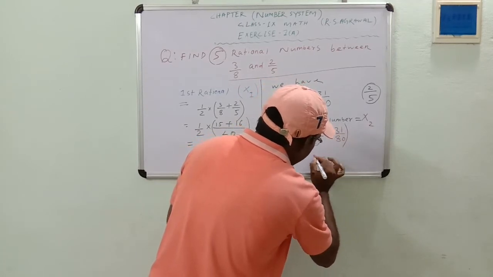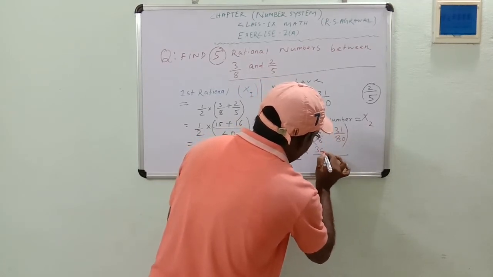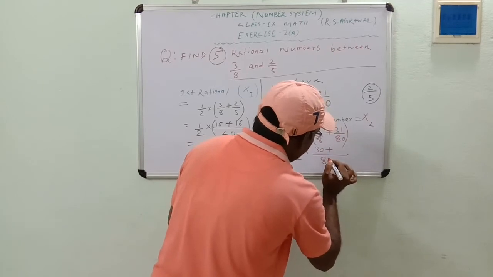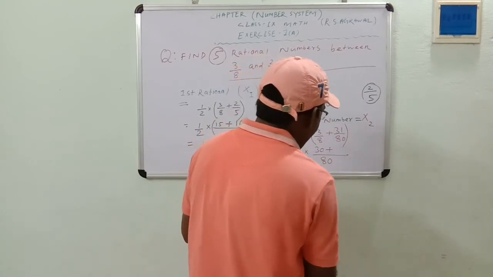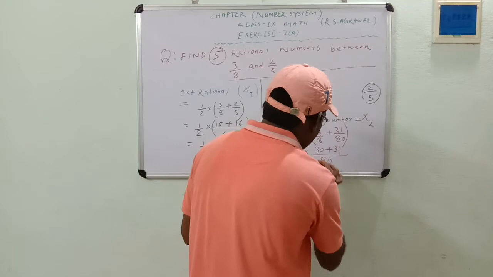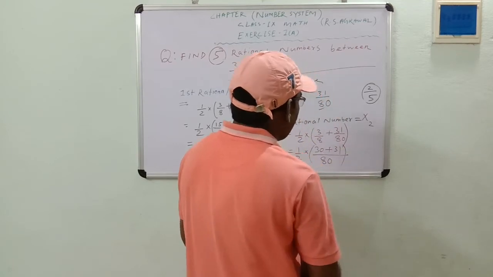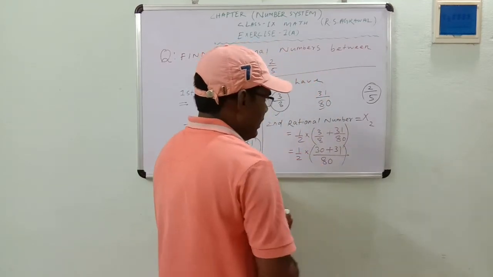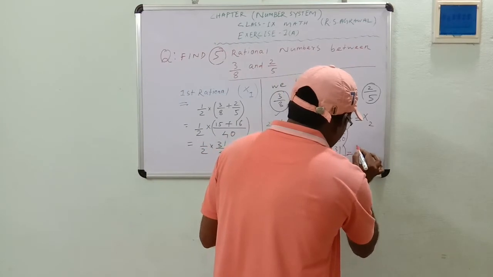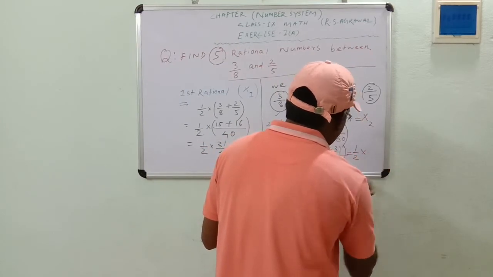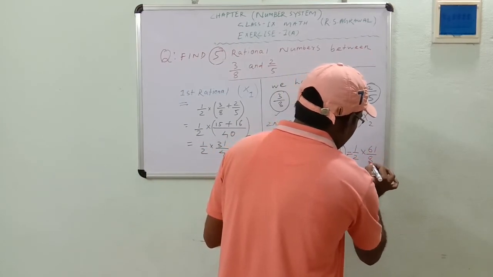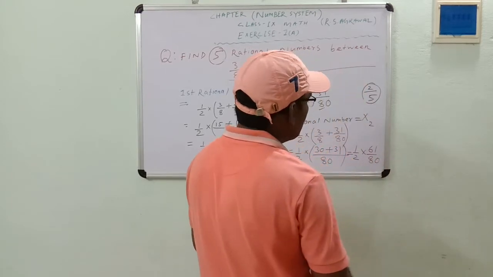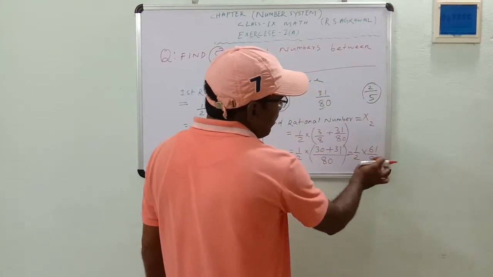The LCM will be 80, it will be 30 plus 31, equal to 1/2 into 61/80, and finally you got 61 by 160.